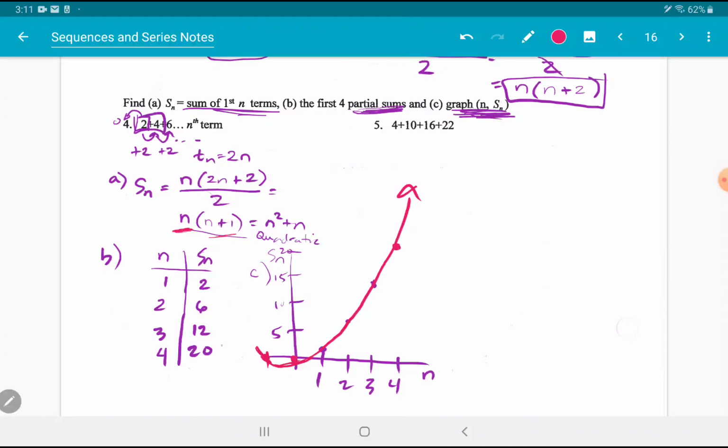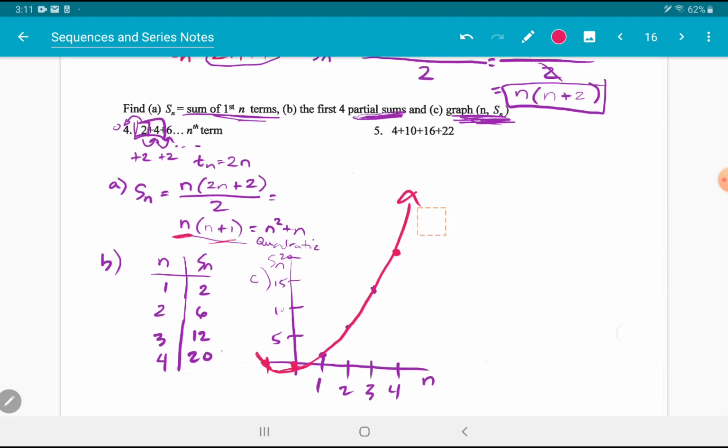Okay? Now, keep in mind, I think I mentioned this to you before, technically we don't have a 1.5 term, right? We don't have a 1.75 term. So the graph I have here, in terms of graphing this quadratic, I do know that it shouldn't be a continuous line because I don't have all the points that exist in between. Oh my gosh, I'm just messing this up. Let's just draw it again.